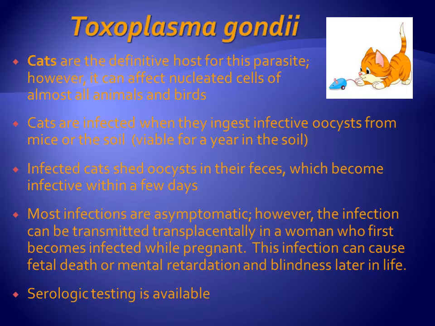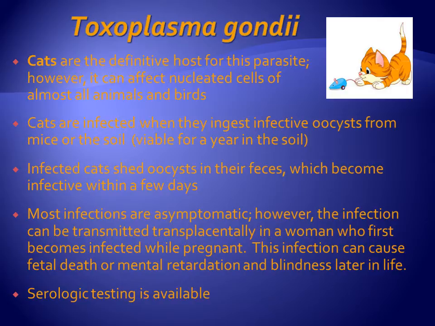But the problem is if it's a woman and she happens to be pregnant and she contracts this organism, there can be drastic effects on the child. It may lead to spontaneous abortion, or if the child goes to term, there might be very significant consequences. So here's what has to be aligned in order for this pregnant woman to acquire this infection.